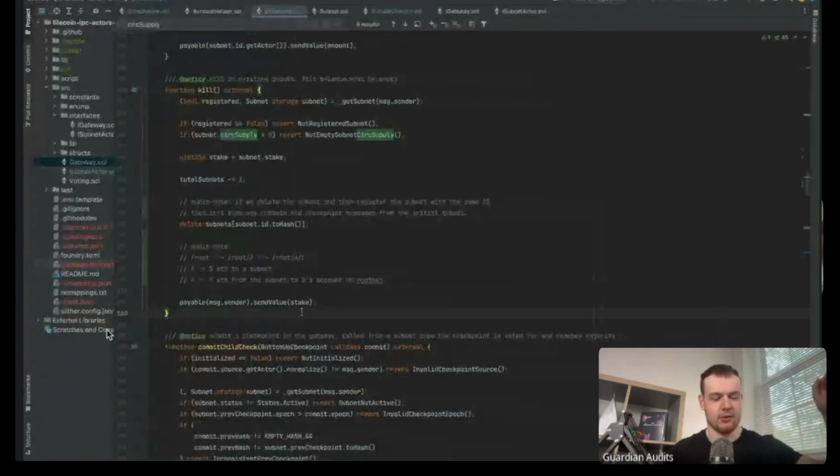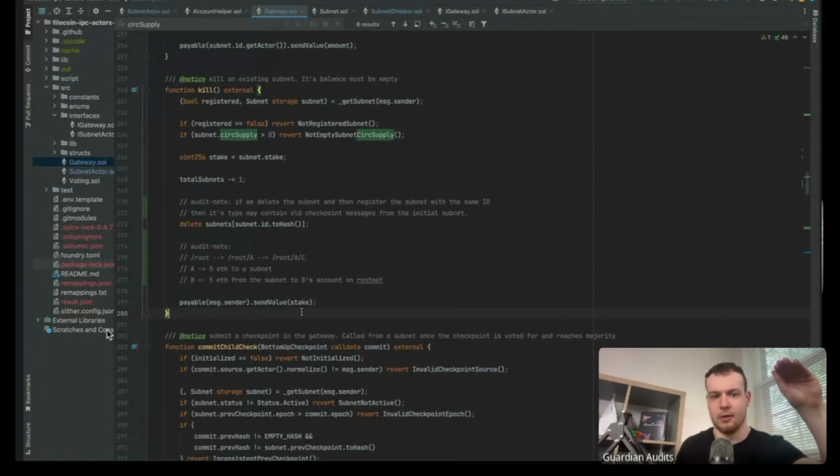So if I have Alice on the root network, she sends 5 ether to the gateway on the root network. It goes all the way down to C. Now Alice has 5 ether, and the circulating supply on C is 5.